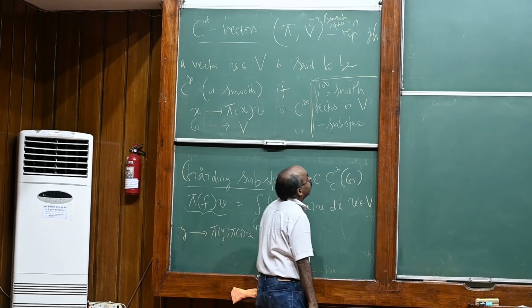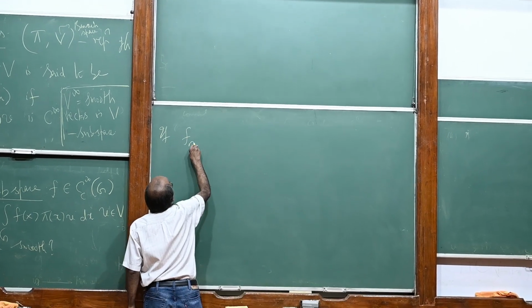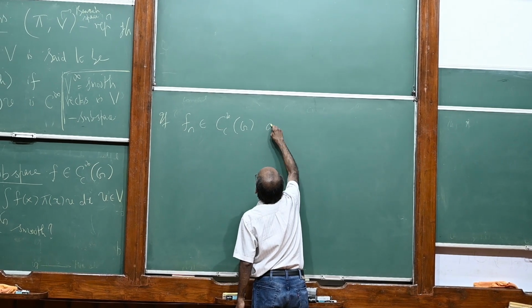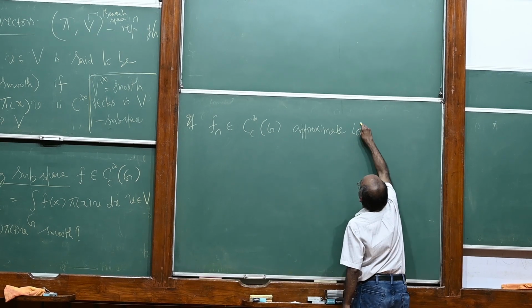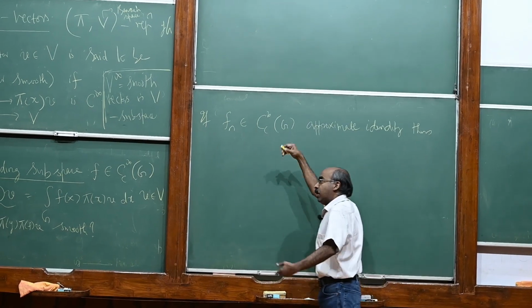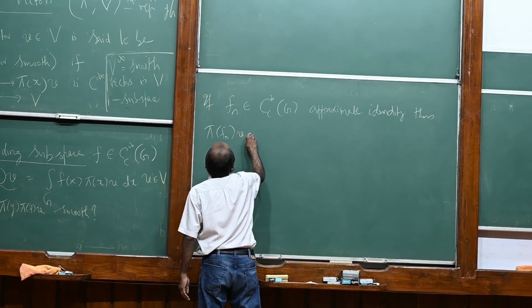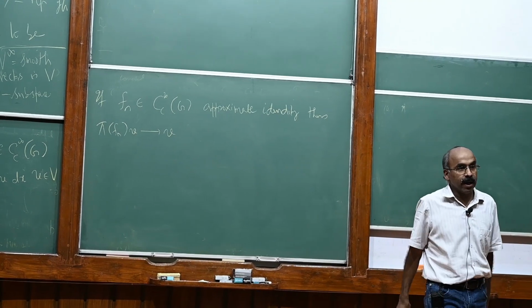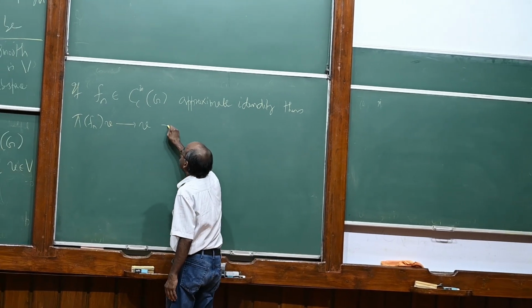So let me write down that as well. If Fn is a smooth approximate identity, then, well, this is true for any approximate identity, pi of Fn V converges to V. And so this tells me that choosing a smooth compactly supported approximate identity tells me that C infinity vectors are dense.